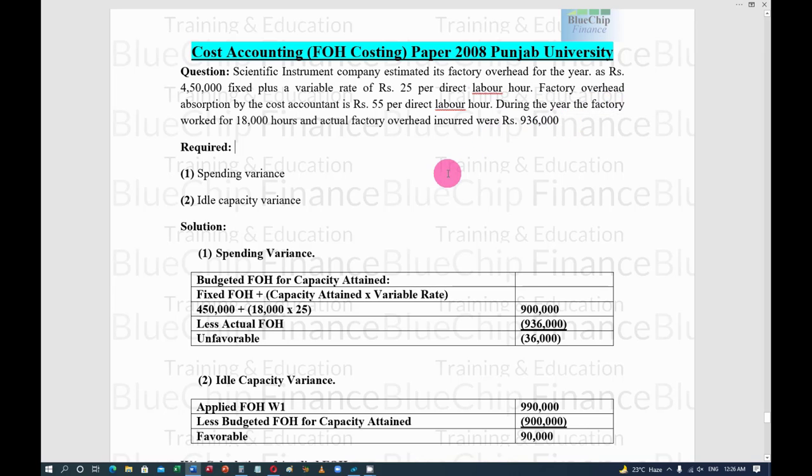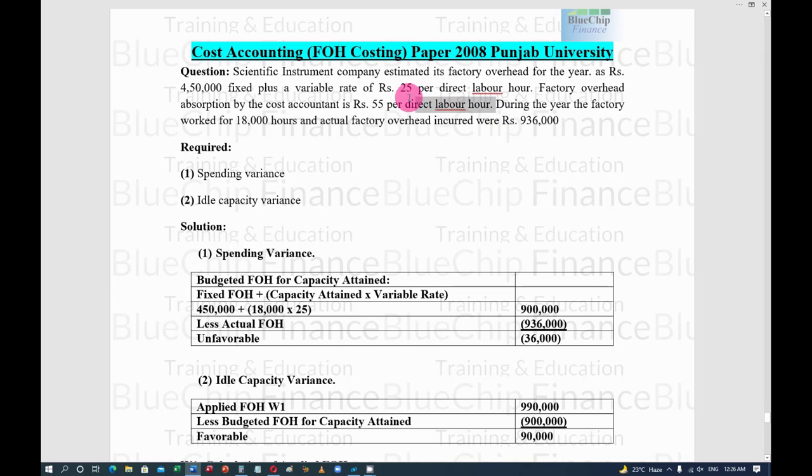So the data is that your budgeted FOH is 450,000 fixed plus a variable rate of 25 per direct labor hour. Factory overhead absorption by the cost accountant is rupees 55 per direct labor hour.